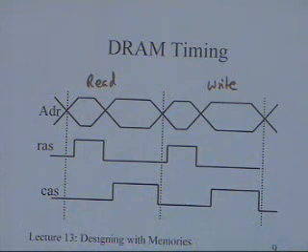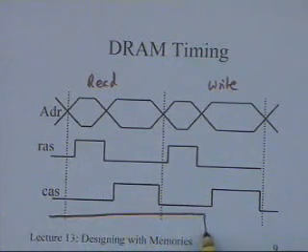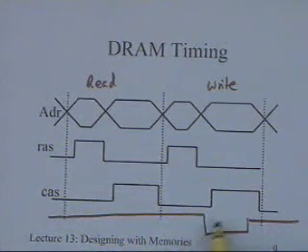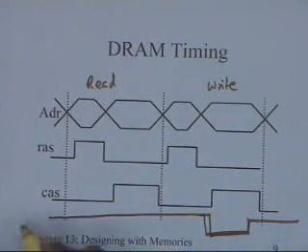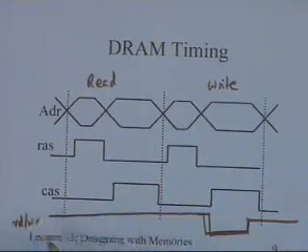I have not shown here the read and write signal, but the read and write signal will follow similar logic as in the case of the static RAM. Your write signal will come somewhere over here. You will have this and you will have your write signal somewhere, actually after this. So this will be your read write signal.